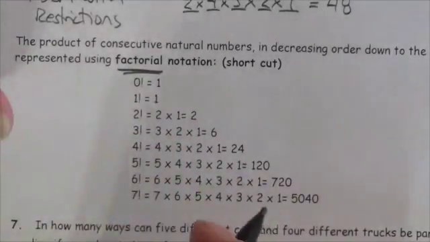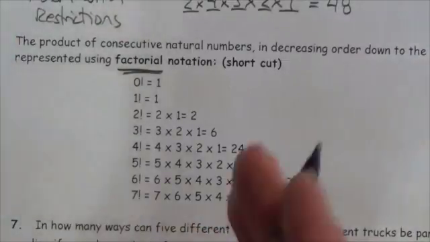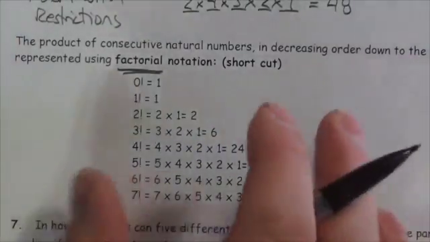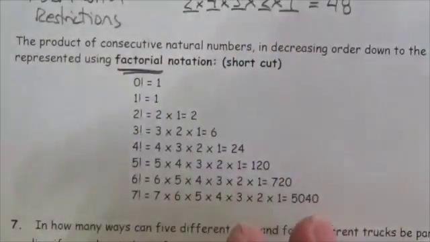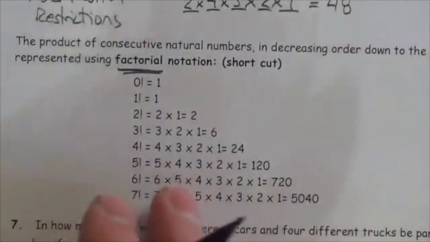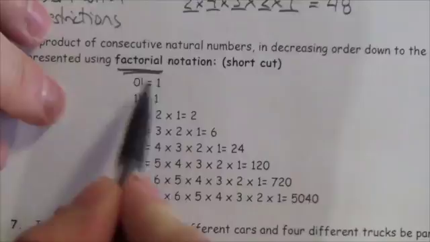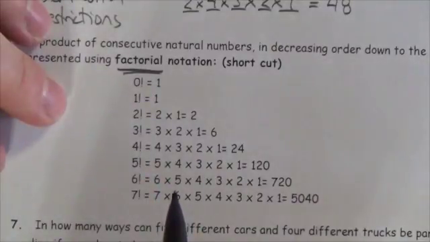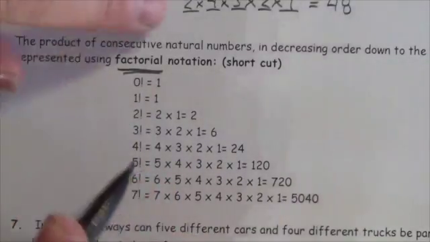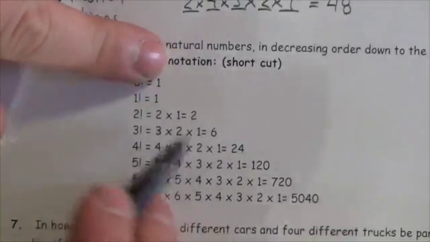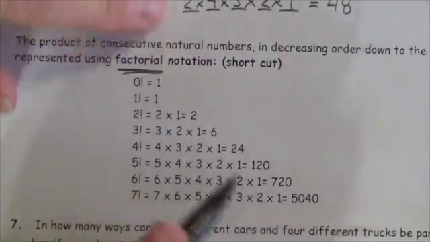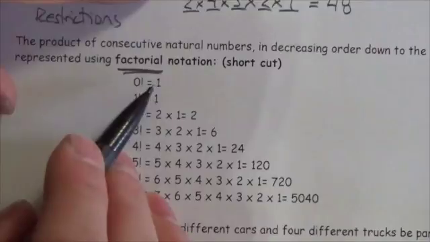That is a really, really common pattern of multiplication when we're talking about these sorts of fundamental counting principle problems. So a couple things to note here. First of all, notice that 0 factorial is 1. Now, notice all the rest of these things stop when you get to 1. So it's kind of a bizarre thing to think about 0 factorial being 1.